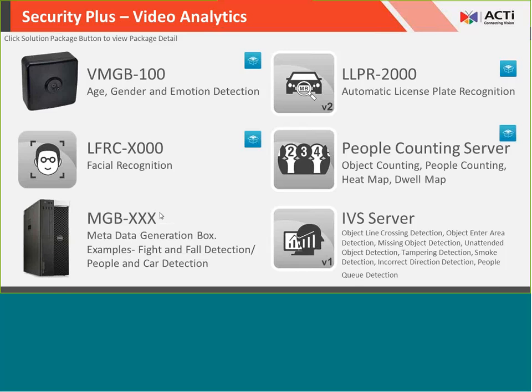So the idea is like that. We define all the video analytics things as a metadata generator. So this explains why you will see a lot of MGB items in our portfolio right now. Okay.